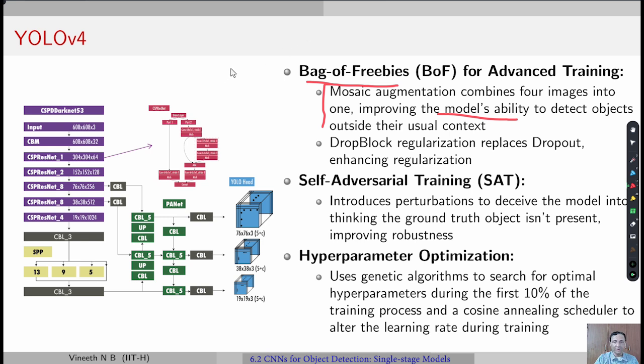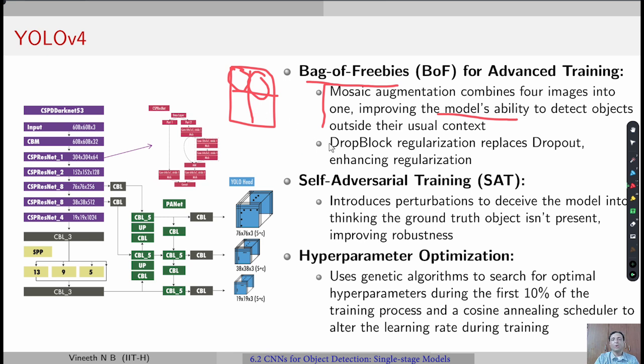If you had a particular image, you divide it into say 4 parts. Now you take a particular part and make one kind of an augmentation on it, a different part, make another augmentation on it, so on and so forth, and mosaic them to get a new image where the context could be slightly different from the original image of that object.